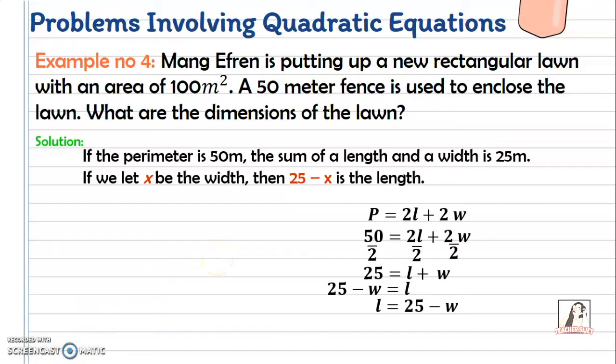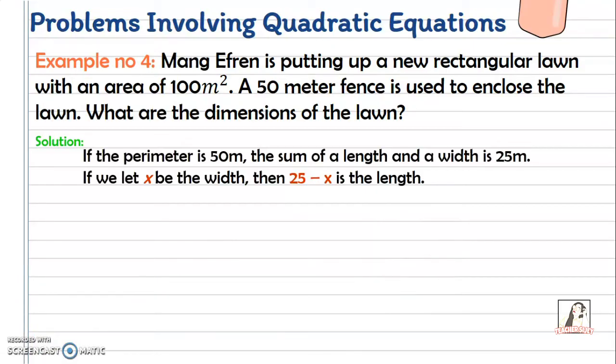So, ayan. Length equals 25 minus width. So, what is our equation? So, ang gagamitin nating equation is yung kanyang formula sa area, kung paano makuha ang area ng rectangle. So, we have A equals length times width.